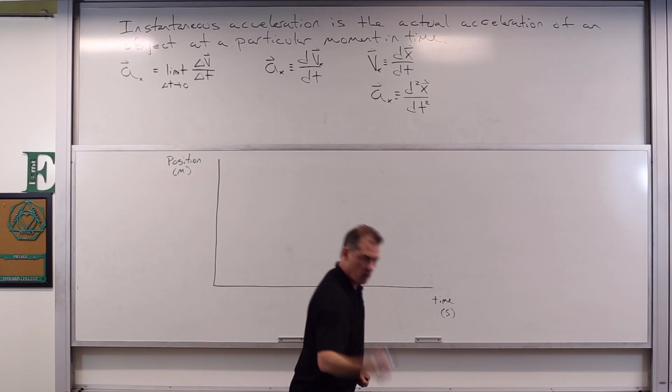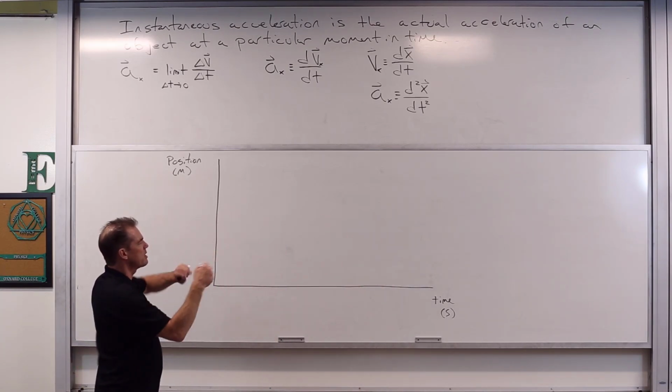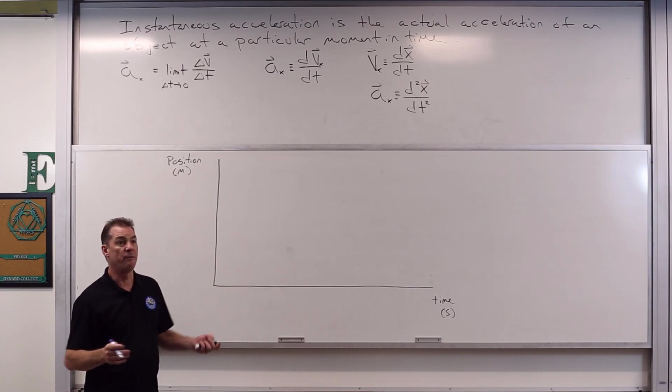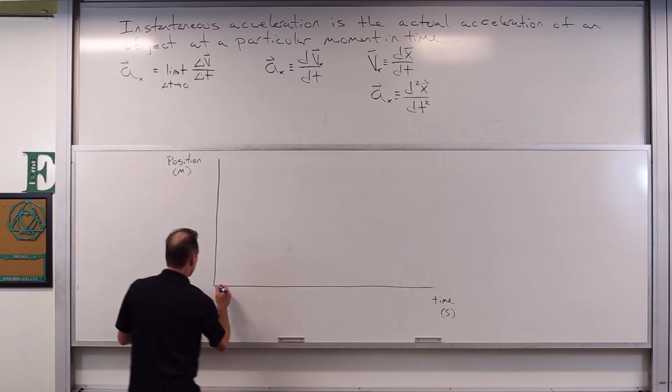And what we can do, we can go ahead and draw in some sort of function here. I'm not going to specifically write out what that function is, but we could have some sort of variance in an object's position with respect to time. And we'll just say that this object goes like this.